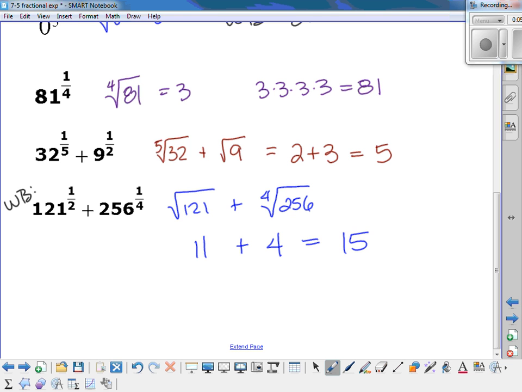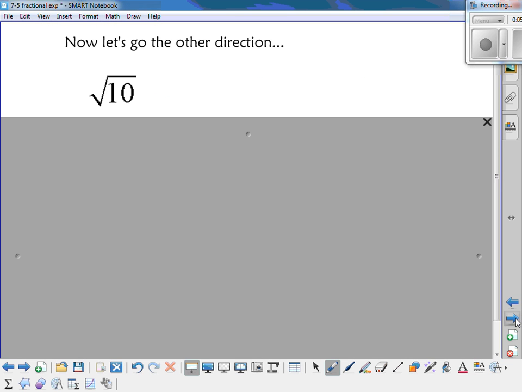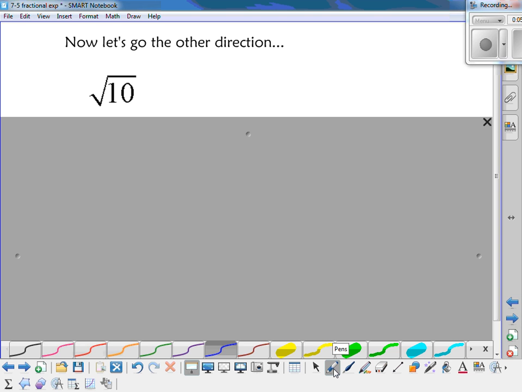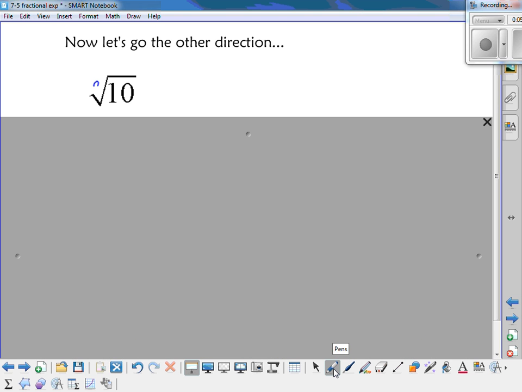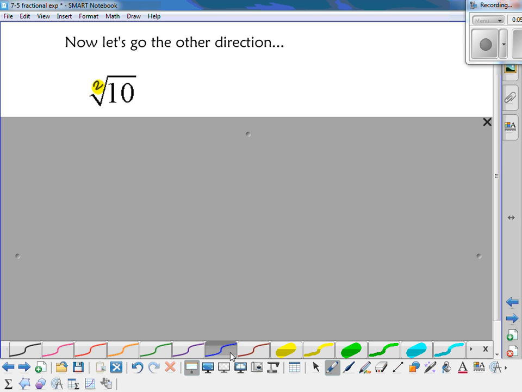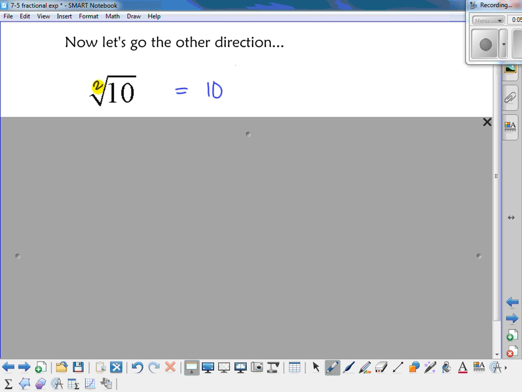All right, so now we're going to go the other direction. If I have the square root of 10, what I have to remember is that I assume there is a 2 there. So don't forget about that too. And so that would be 10 to the 1/2 power. Okay?